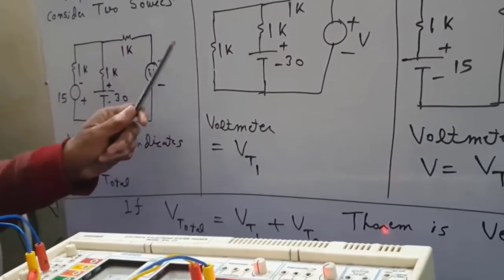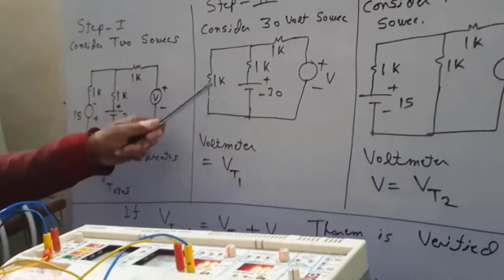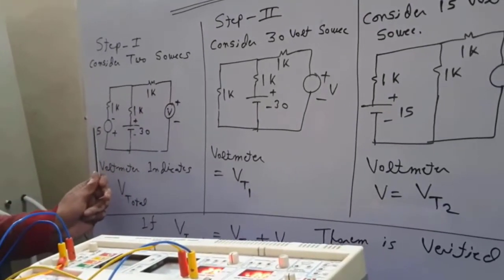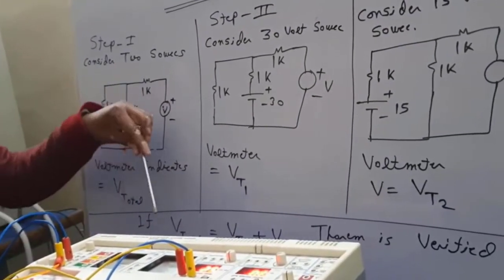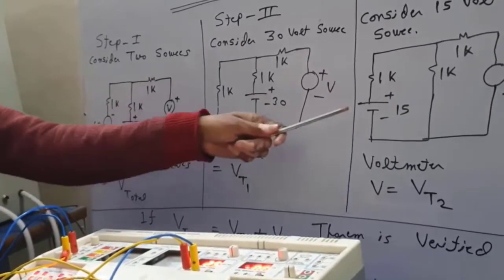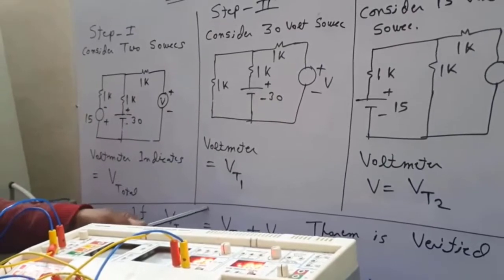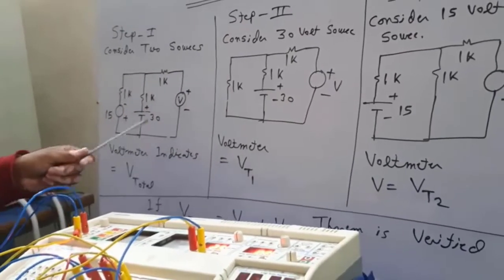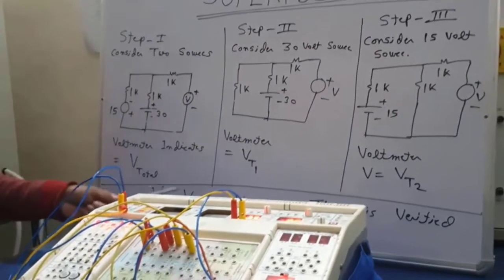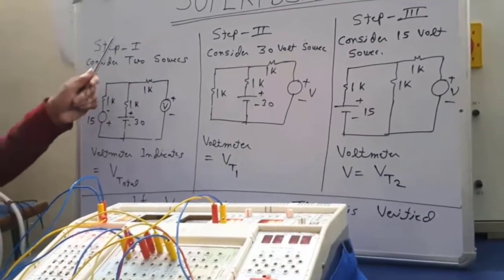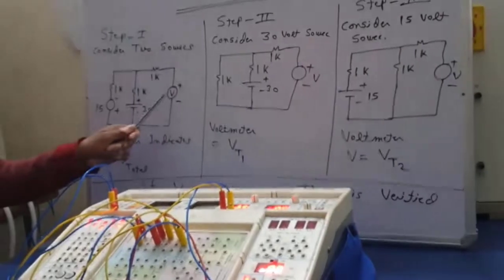So the first reading is completed. In the second step, change the two battery sources, increase to some value, connect one source at a time, take the readings V1 and V2, and follow the same process. This is the procedure. To summarize, how to verify the superposition theorem: when two sources are present, we take the total voltage.